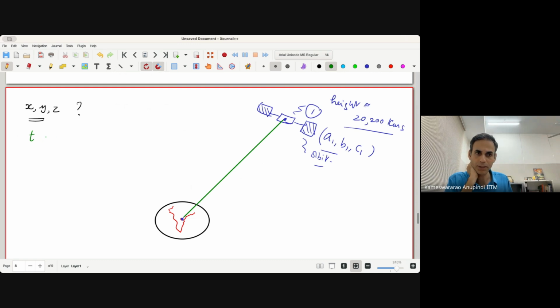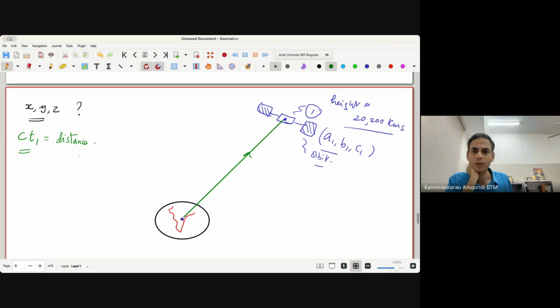The signals are not traveling with the speed of sound, because that is too slow. The signals are electromagnetic radiation, so they travel with the speed of light, c. If it takes some time t1 to reach, then this is going to be the distance between ourselves and the satellite.